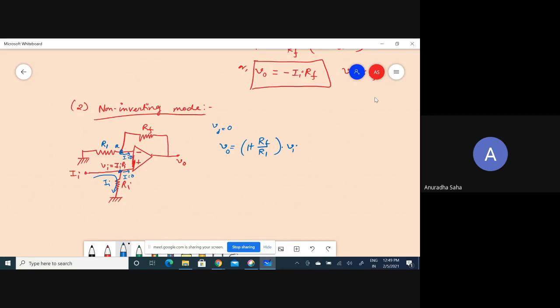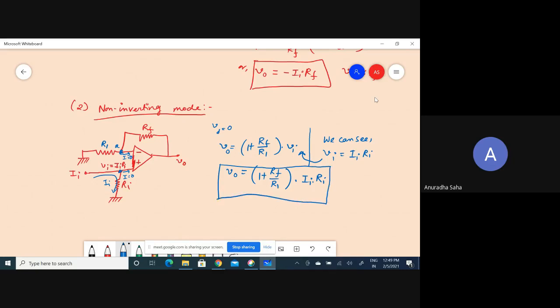If I substitute Vi equal to Ii into Ri, then I have Vo equal to 1 plus Rf by R1, into Ii into Ri.